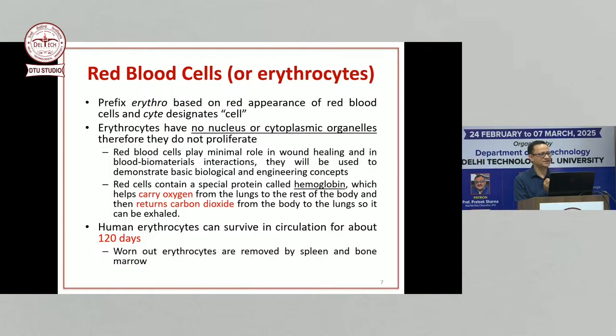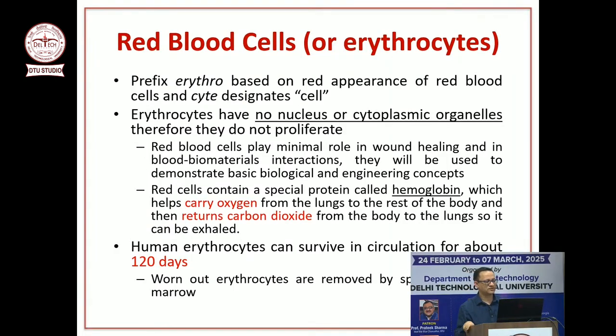Erythrocytes have no nucleus, so they cannot proliferate. Red blood cells play a minimum role in wound healing and in blood material interactions, because in that activation and clotting that's happening, red blood cells are not playing that much role. That's platelets' job.